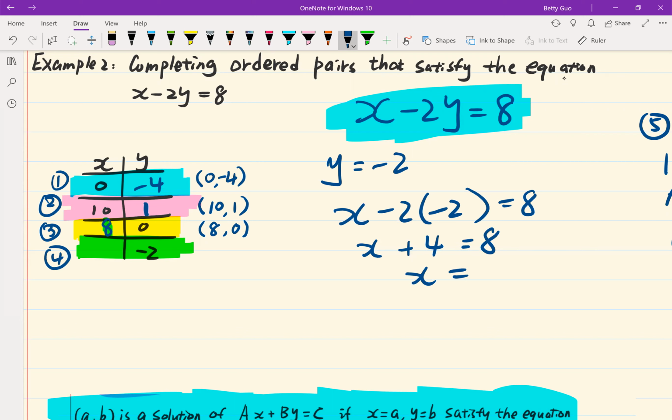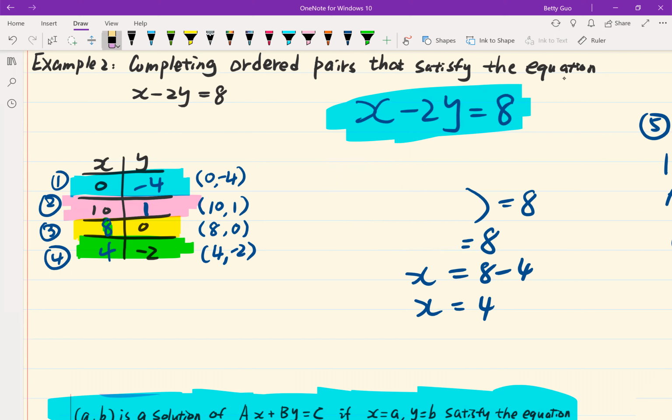We move 4 over, change the sign, 8 minus 4. We have x equals 4, right? So that's another solution, 4, negative 2. This example shows you how to complete ordered number pairs to satisfy the equation. It is one way to find the solutions for a linear equation in two variables.